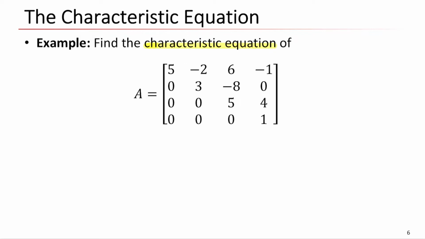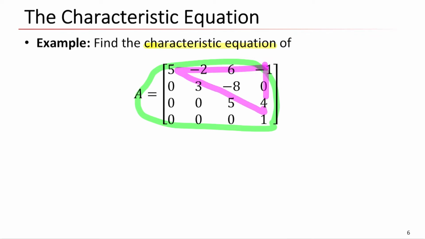Okay, so let's say there is the matrix A, right? Interestingly, the matrix A has a triangular form. If you remember our determinant lecture, if the matrix A is in triangular form, we can easily find the determinant of this matrix A, right?